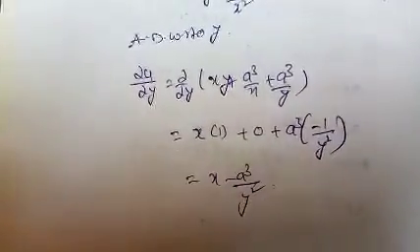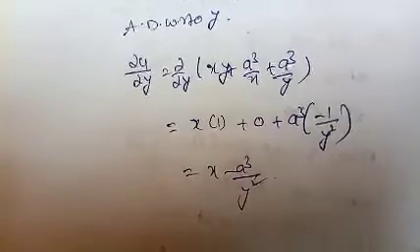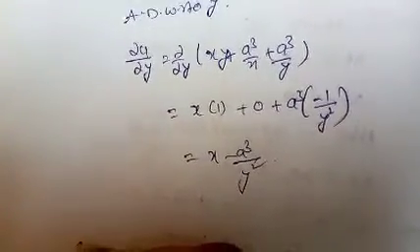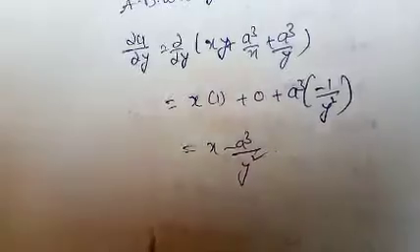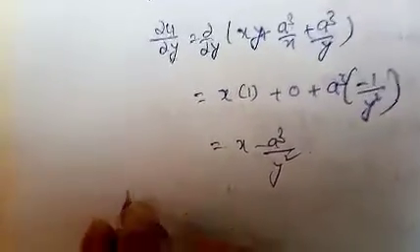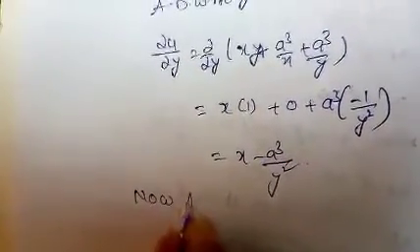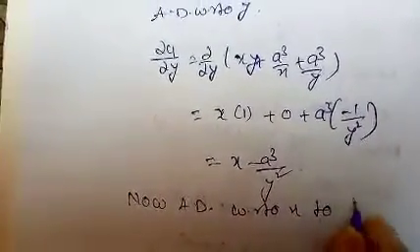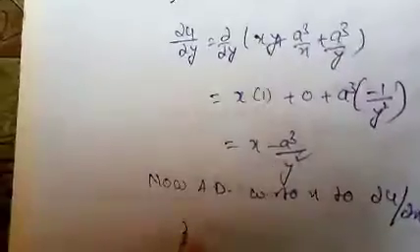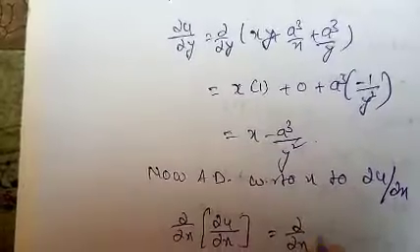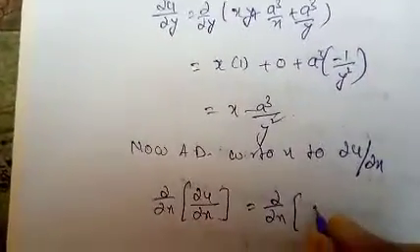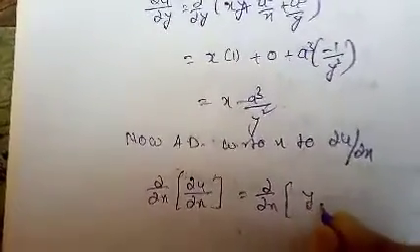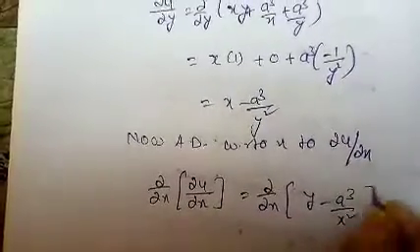So now again differentiating with respect to x the function dou u by dou x. So then dou by dou x of dou u by dou x, which implies dou by dou x of y minus a cube by x square.